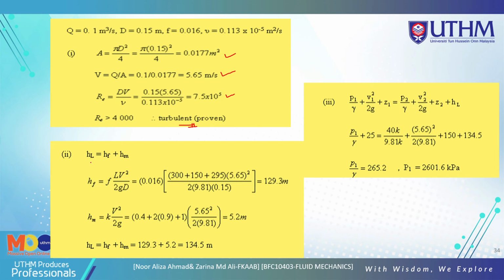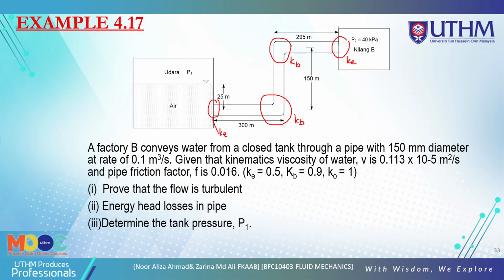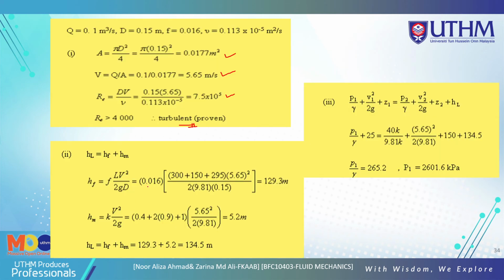Now we know that HL is HF plus HM, so you must find HF first. HF equals f L V squared over 2gD. The f is given here, so you just put in f, L, the velocity squared, and 2gD, and you get the value.